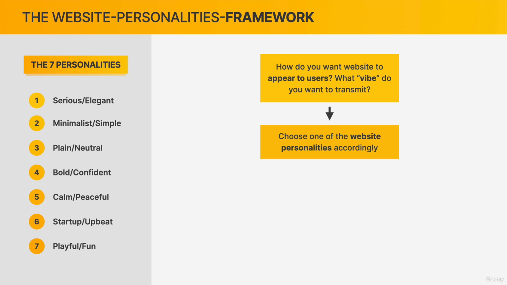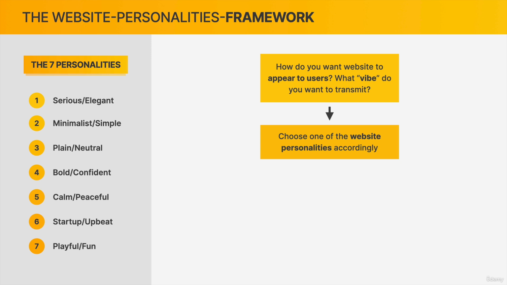But now you might ask, why is this personality actually so important? Why does it matter? Well, the answer is that it will make web design like 10 times easier for you. Because once you have a personality selected, your design options for each of the design ingredients become really limited. Because just like personalities in people have different traits, each of these website personalities also has different traits.